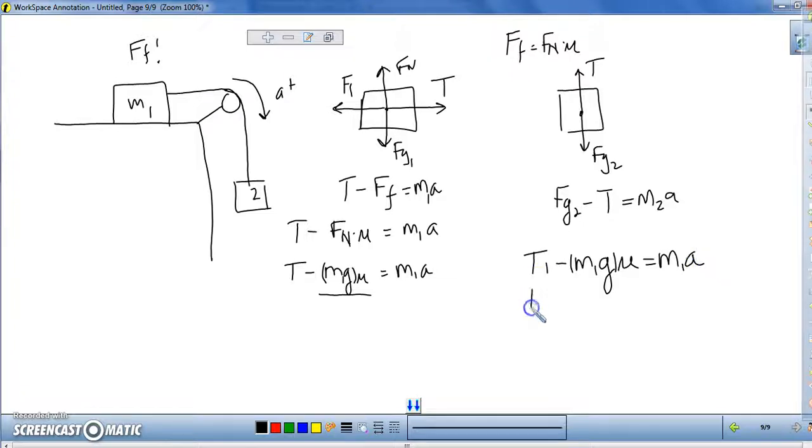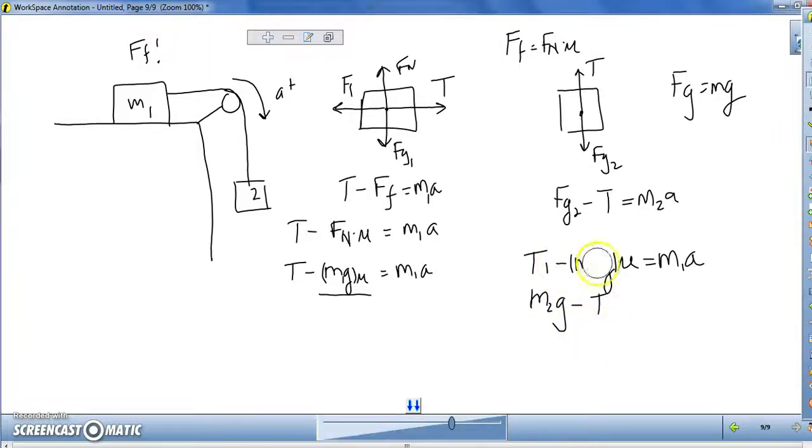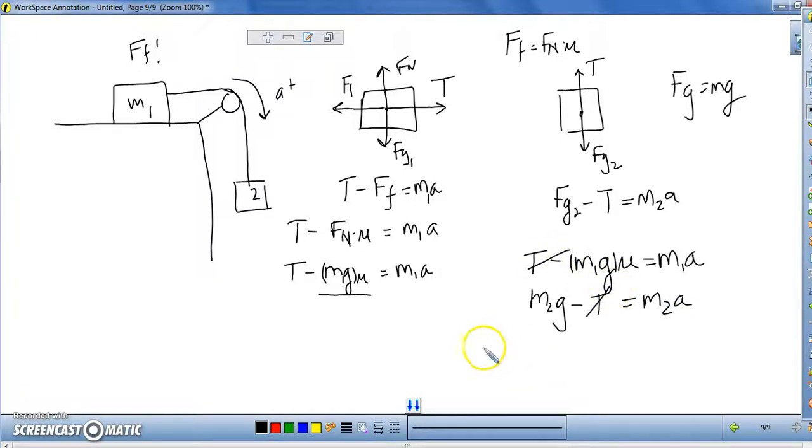So then let's add this one, M2G. I just switch this to M2, because remember FG is equal to MG, minus T. I don't know why I put a 1 there. There's no reason for that. There we go. M2A. T's go away. We get M2G minus M1G mu equals M2A.